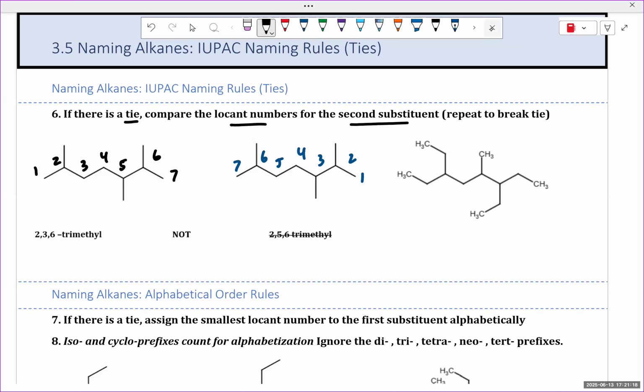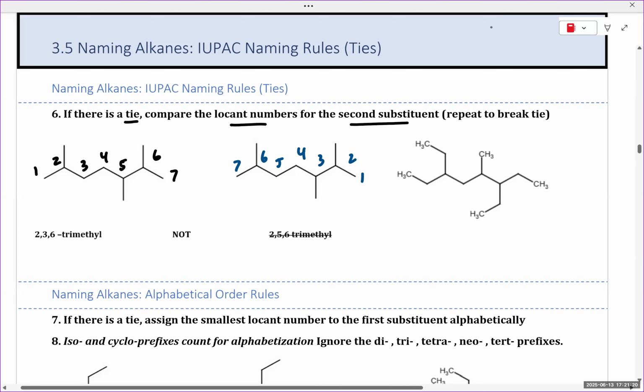Okay, now, in this case, we have a choice. We can name this using the locant numbers. So there are a few possible comparing these two locant number sets. In this case, the 2, 3, 6 labels occur if we count from right to left.